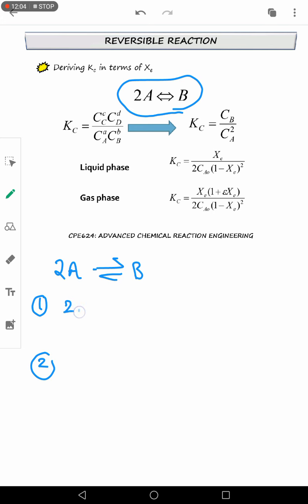Okay, maksudnya first forward reaction, and then second is the reverse reaction. So I want you to find what is the RA net.